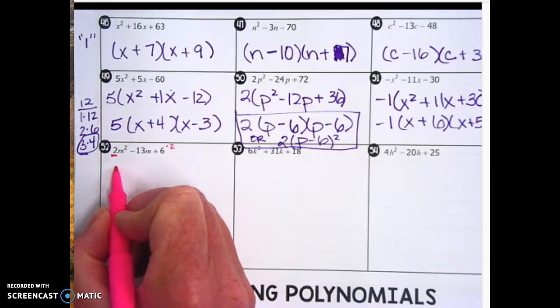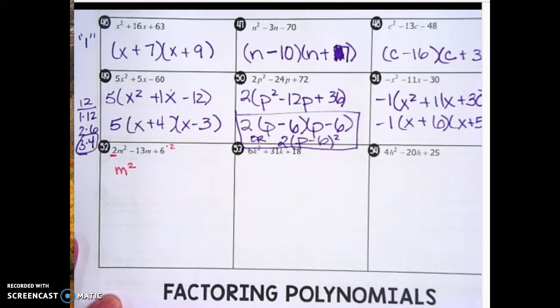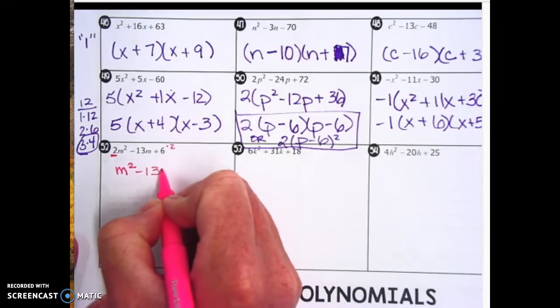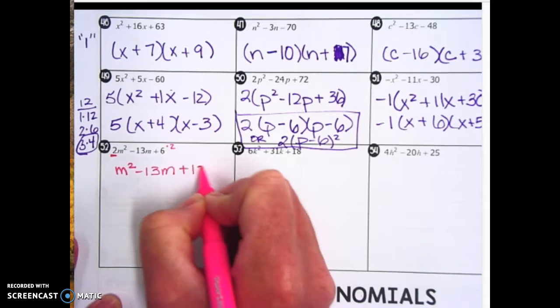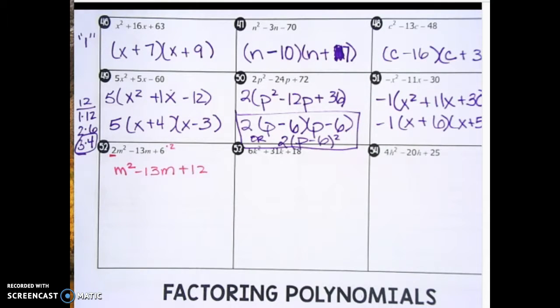Then you rewrite your trinomial as m squared minus 13m plus 12. So I slipped it over. I'm going to have to slide it back in just a second. This is the slip: taking that A and multiplying it by the C.